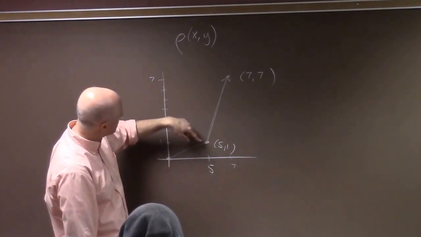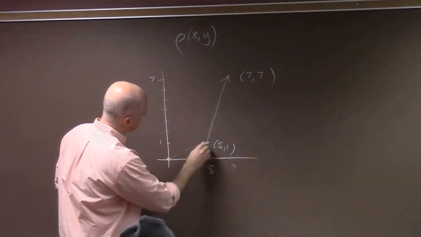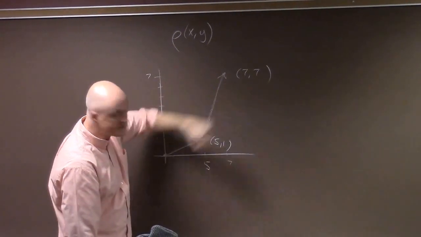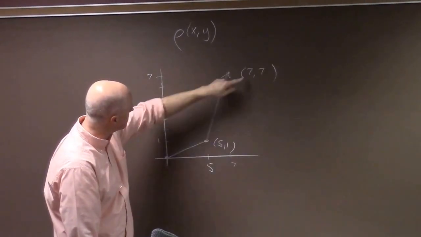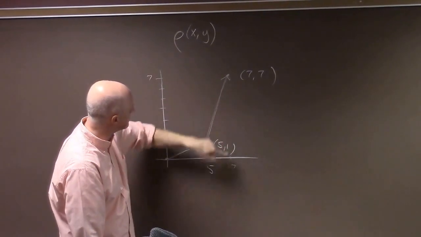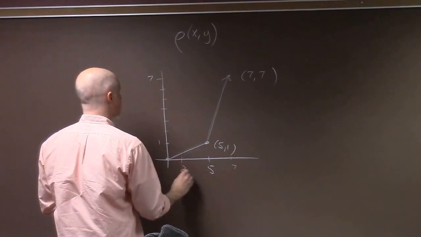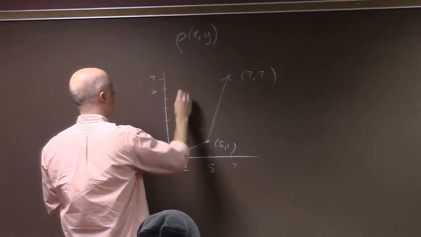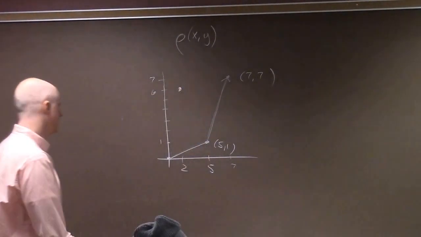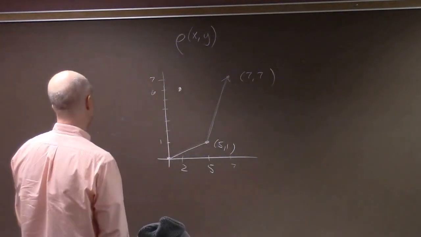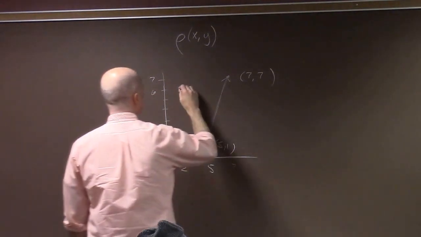The displacement vector from 5, 1 to 7, 7 is going to have components 2, 6, right? Subtract the coordinates. 7 minus 5 is 2, 7 minus 1 is 6. 2, 6, right about here is going to be the fourth point for my parallelogram. It's not perfect.